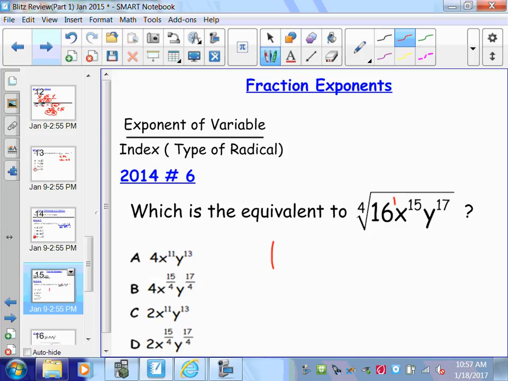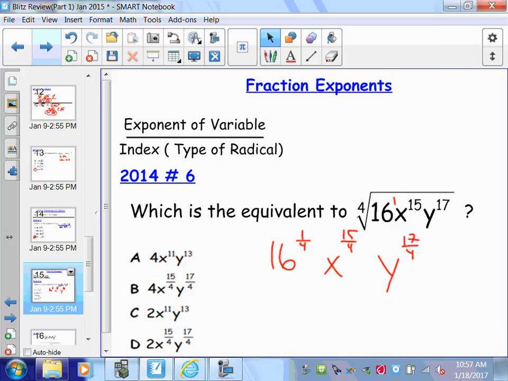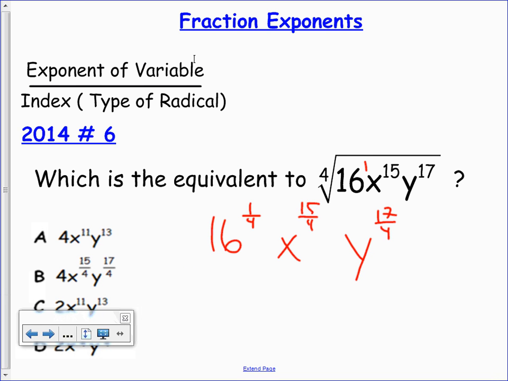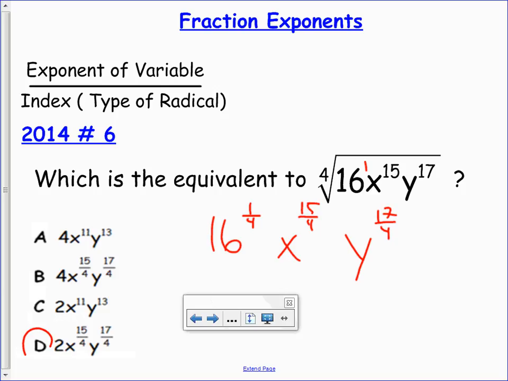So this thing is 16 to the 1/4, x to the 15/4, and y to the 17/4. 16 to the 1/4 can be typed into your calculator, just in case. So 1 divided by 4. And everything else is what it is. So the answer is D. Boy, there's a lot of D's.